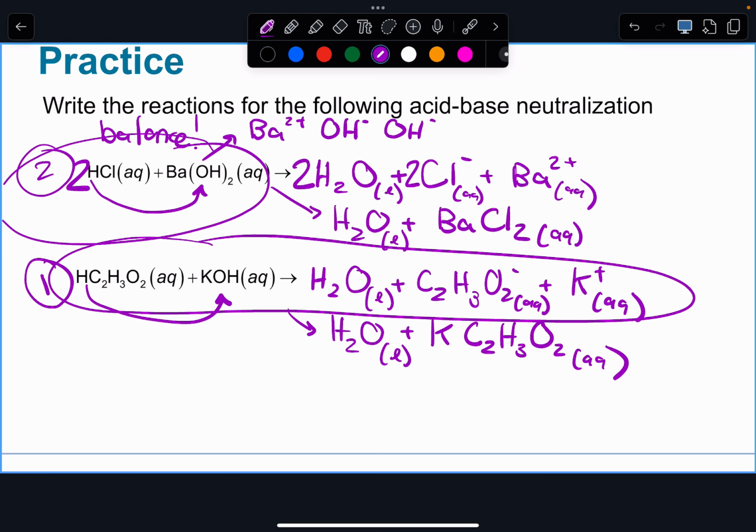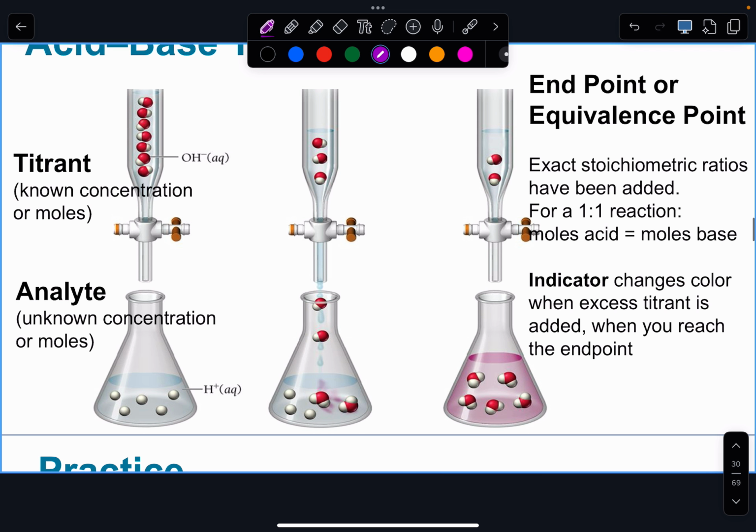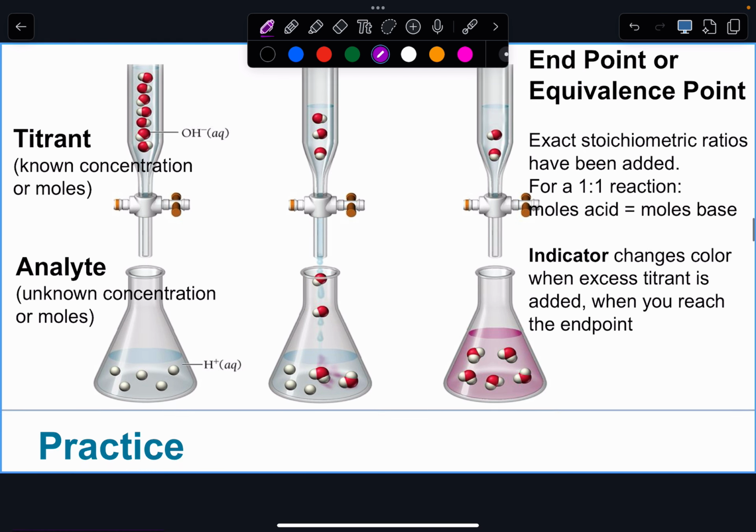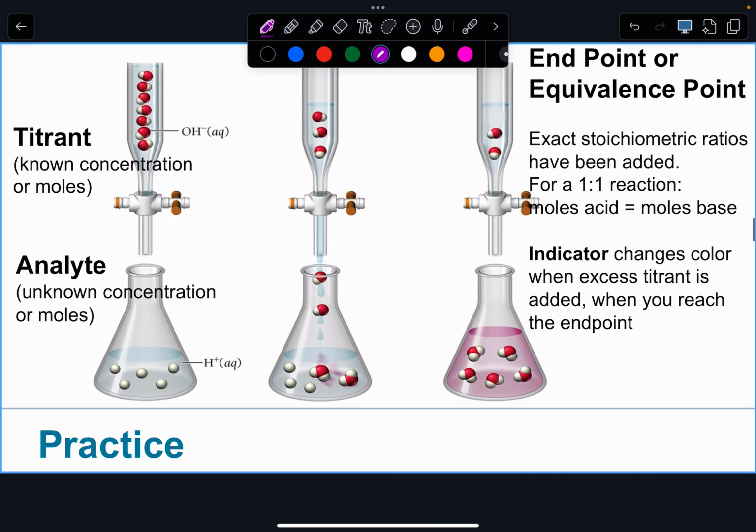In this example, it was not. So there are a few where you have to be careful about that. But the ones we're going to give you for now in this class are going to be 1-to-1 ratios. So the key point is that at the end point, moles of acid equal the moles of base. And it looks exactly like the dilution equation.